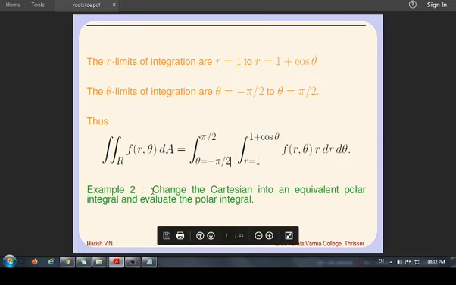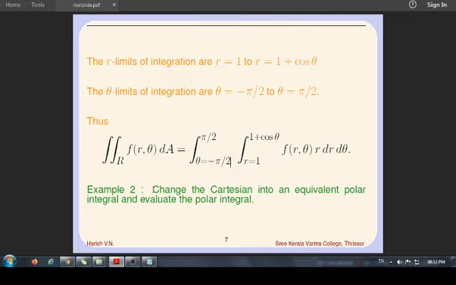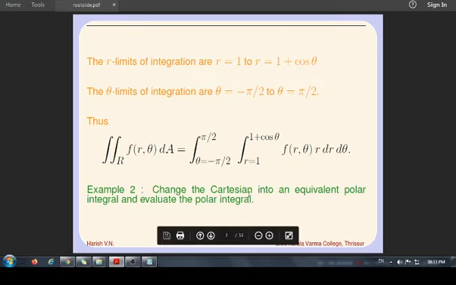Let us go to the next example. You are given a region R in the Cartesian coordinates, and you have to integrate using polar coordinates. So change the Cartesian into an equivalent polar integral and evaluate the polar integral.